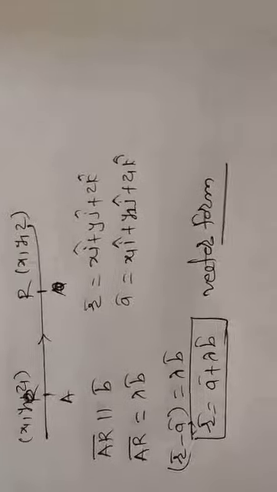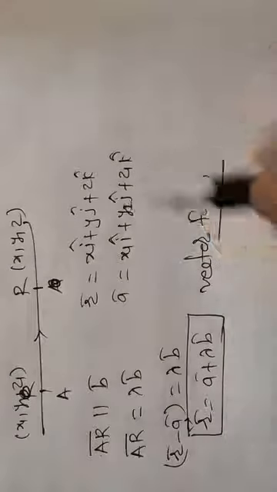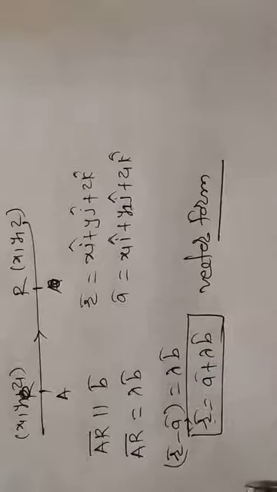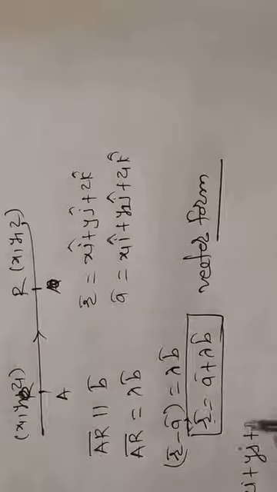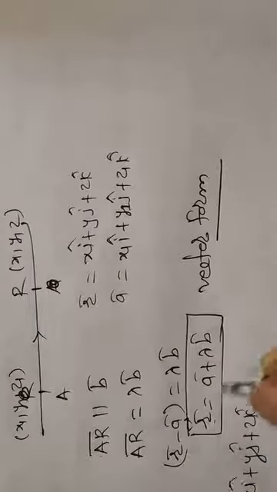Now if we put it in Cartesian form, R bar is equal to x i plus y j plus z k.